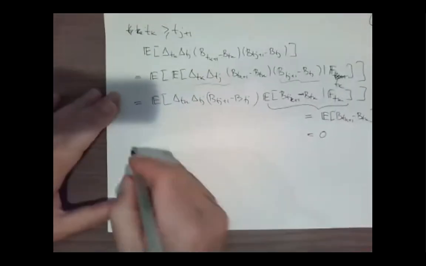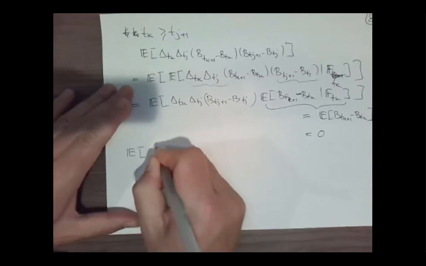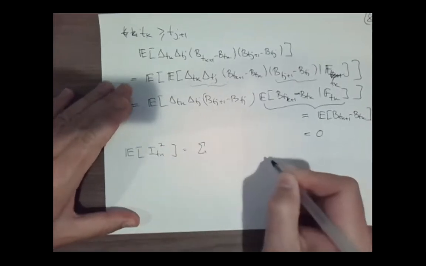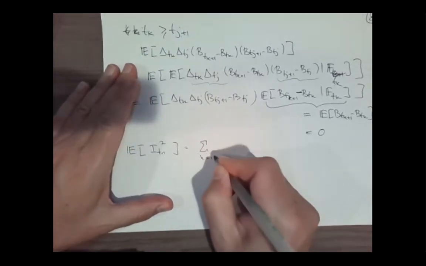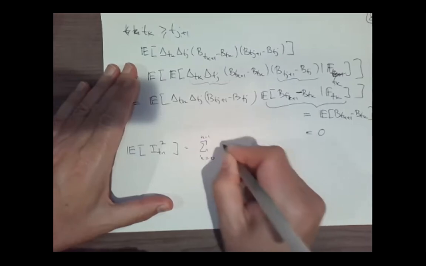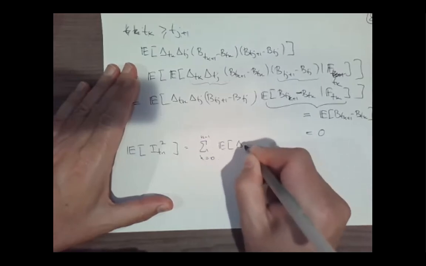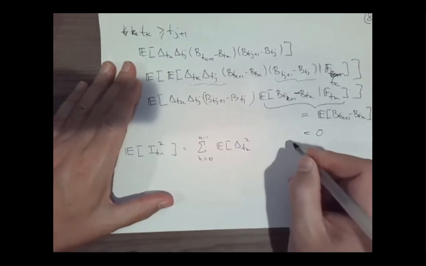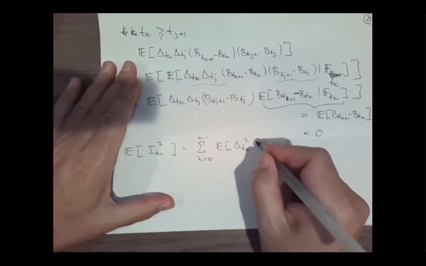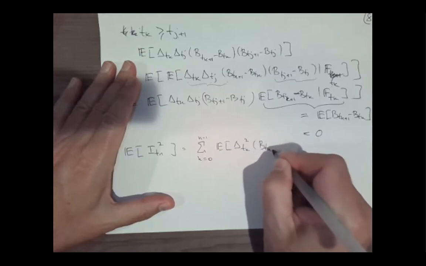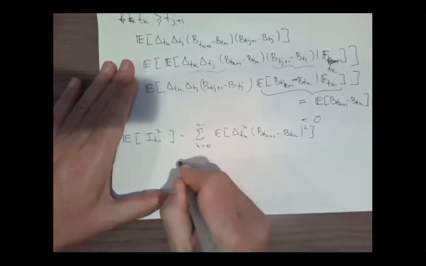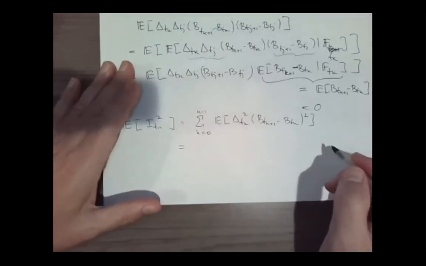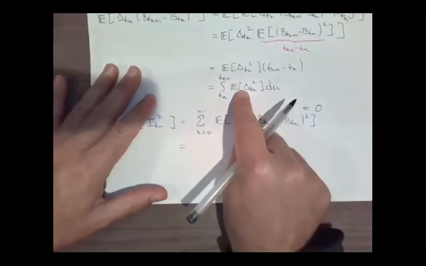So we are now one step closer to saying that the expectation of I_n squared is going to be the sum from k equal to 0 to n minus 1 of the expectation of delta_{t_k} squared times (B_{t_{k+1}} minus B_{t_k}) squared. And those are the ones we had computed right here.